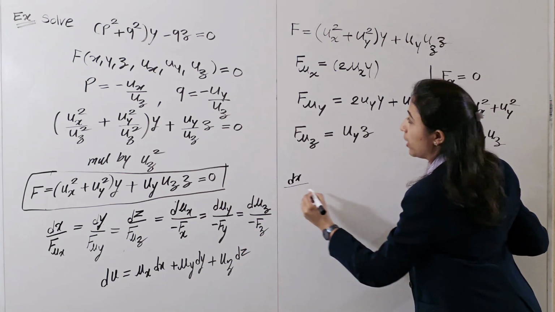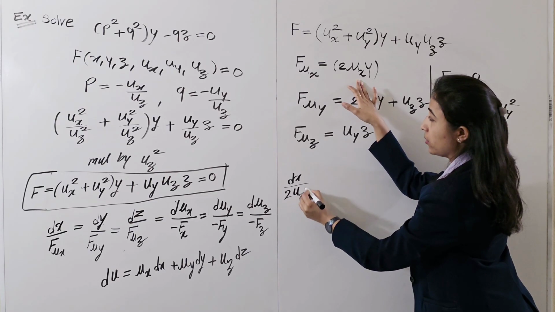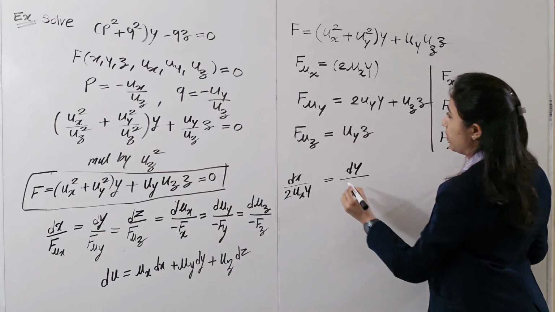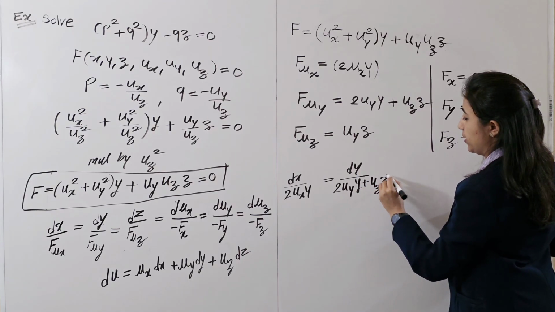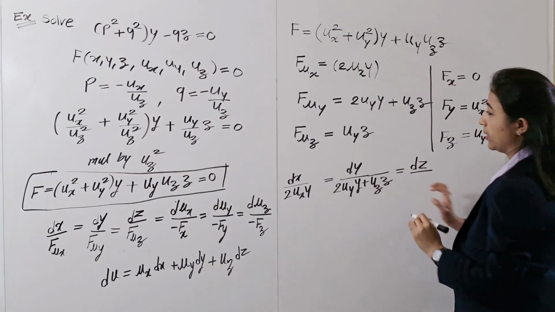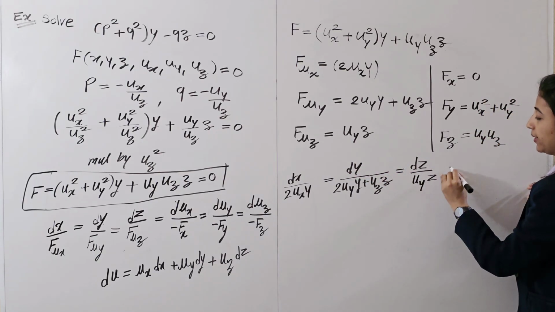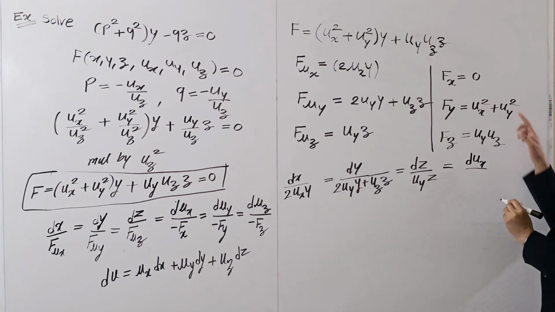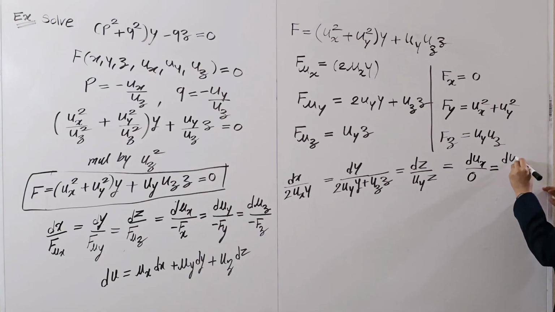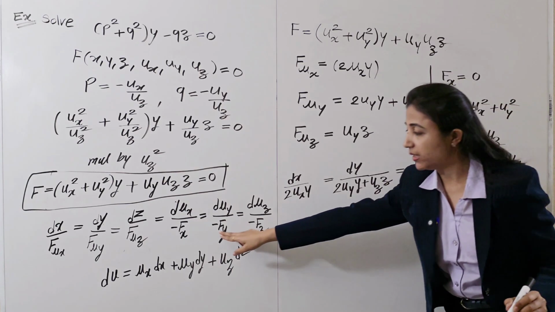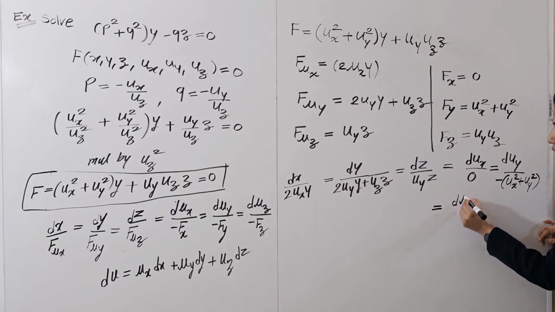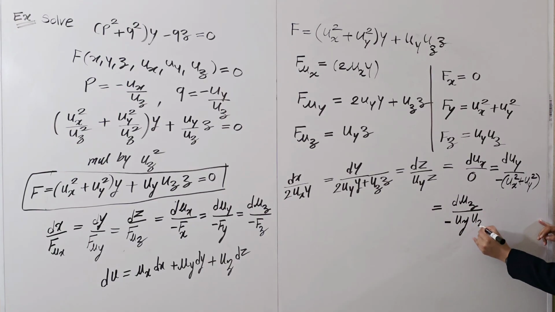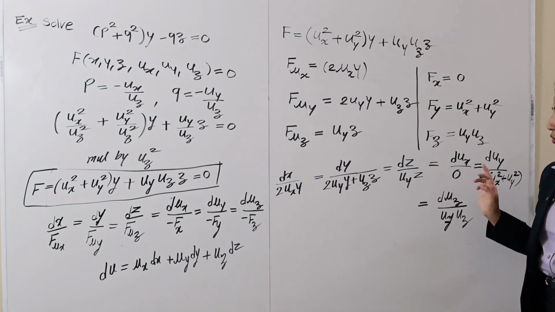So we will get dx divided by 2u_x y, equal to dy divided by 2u_y into y plus u_z into z, equal to dz divided by u_y into z, equal to du_x divided by 0, and du_y divided by this term, but here it is a minus sign, so you have to take it with the minus sign, so it is minus u_x square plus u_y square, equal to the last auxiliary equation du_z divided by u_y u_z.